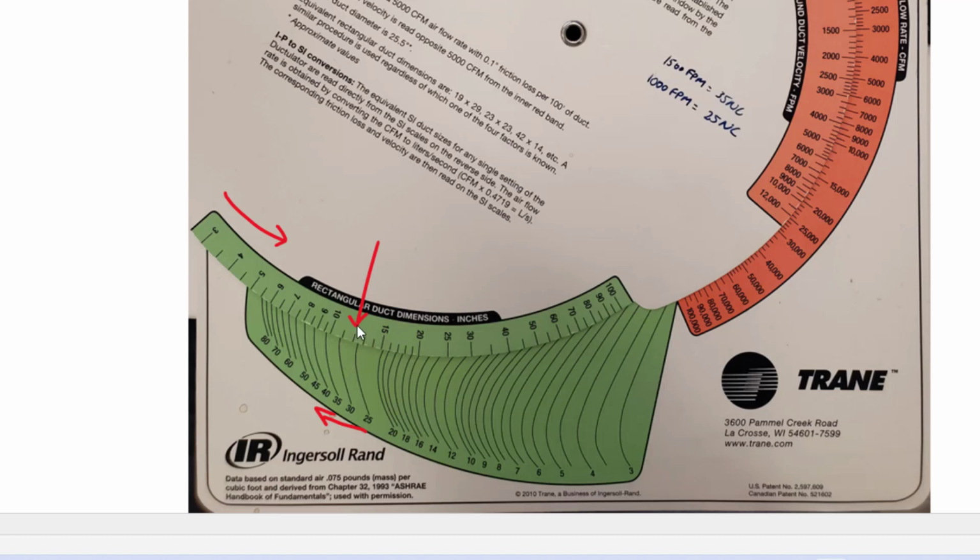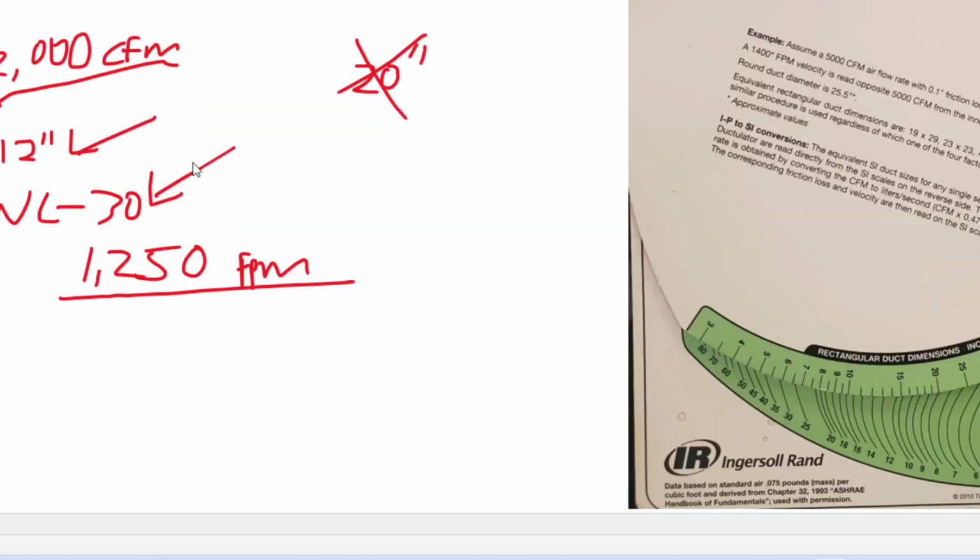So for a size of 12, we can use a size of about 26 inches. And again, you want to keep the numbers even. So we're going to use the 12 by 26. So the 26 by 12 is one size we could use.